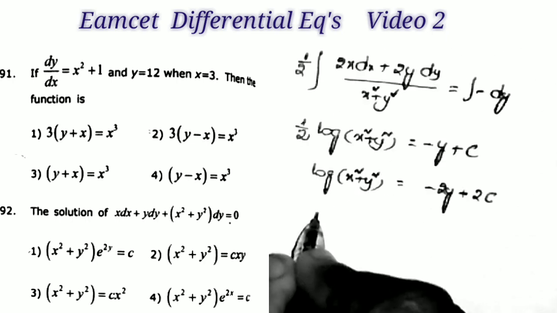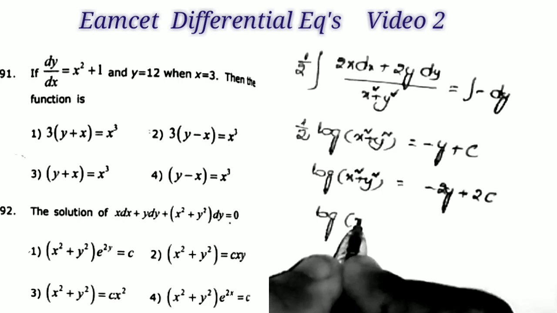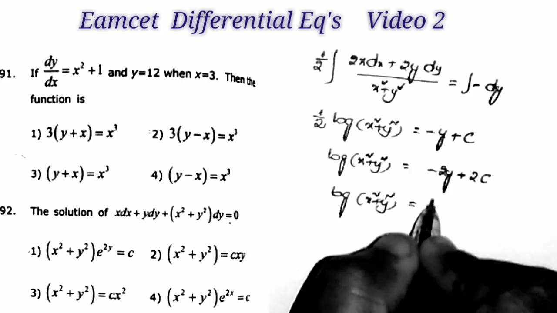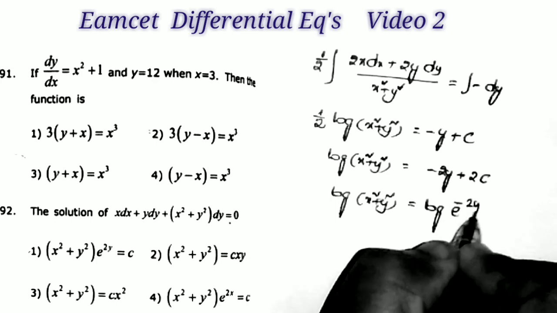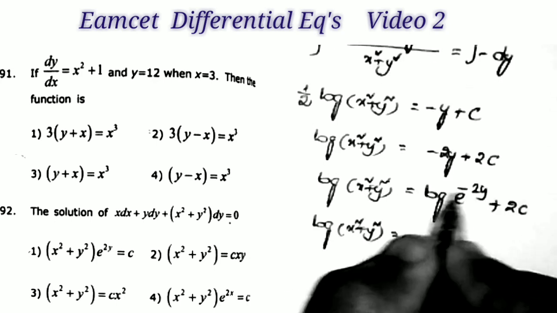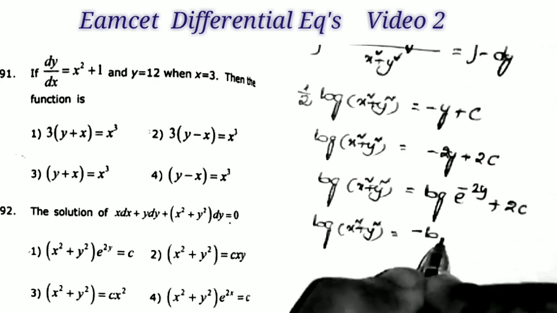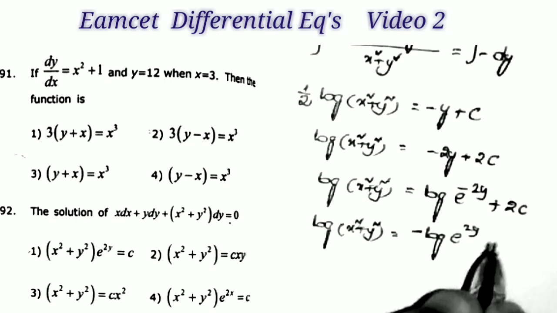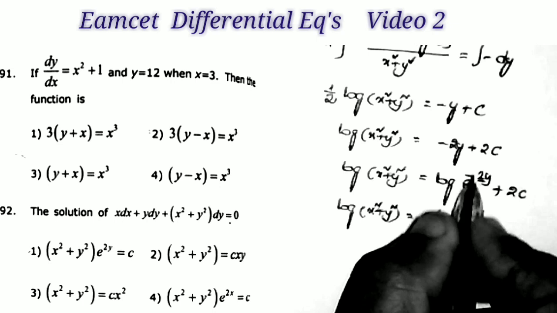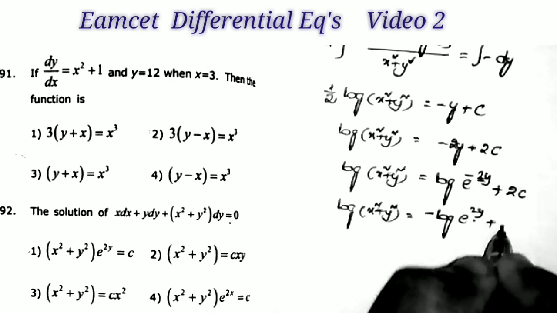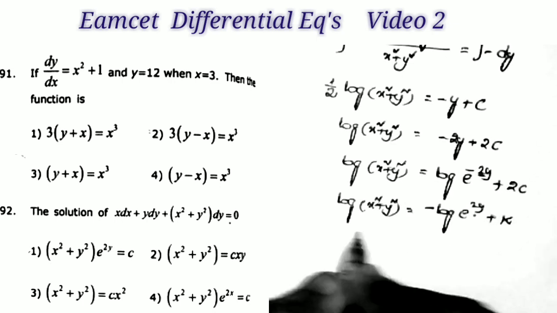Now I take this value as log of e power minus 2y, that is minus log of e power 2y, writing only the minus as the quotient, taking the power as 2y. Plus, I take 2c as some constant k.